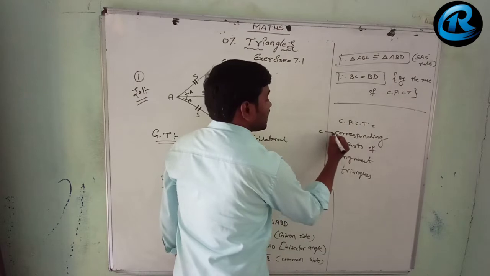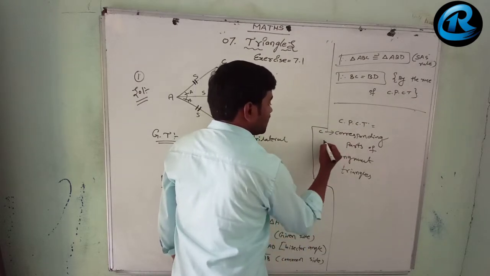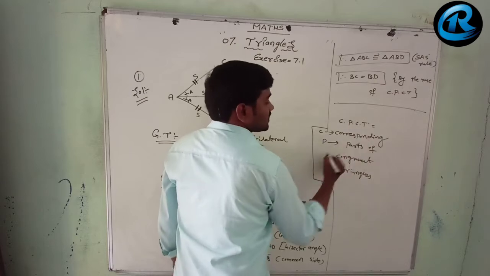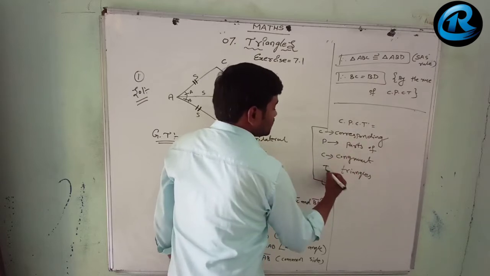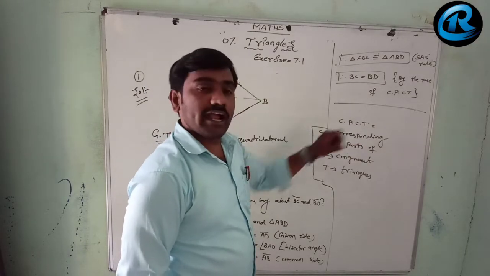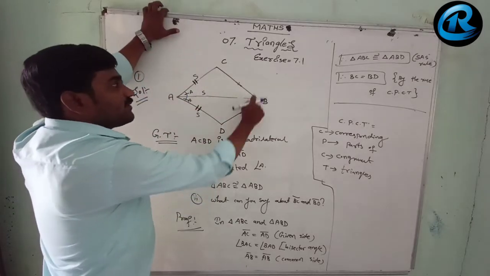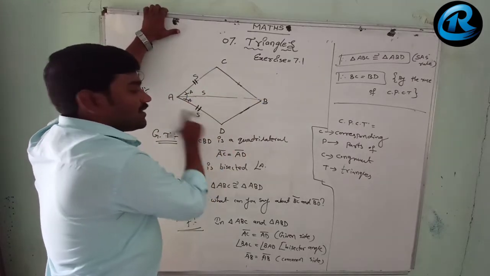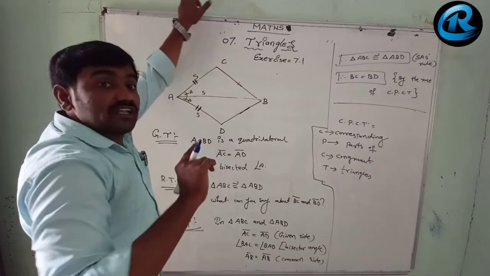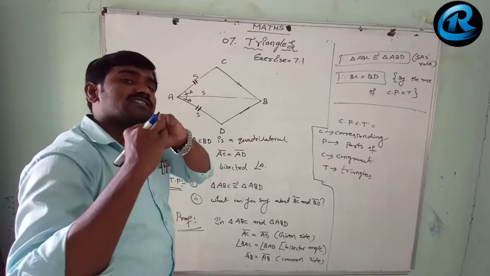So C stands for corresponding, P stands for parts, C stands for congruent, T stands for triangles. Corresponding parts of congruent triangles. So these two triangles are congruent now. Here triangle ABC is congruent to triangle ABD. Then the remaining corresponding parts are equal.